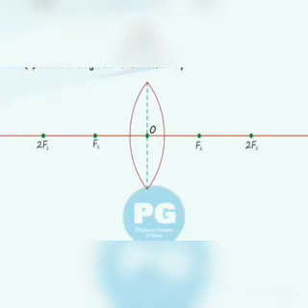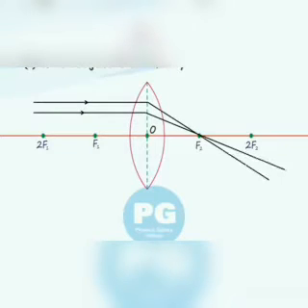First of all, we can understand the image formation by convex lens when the object is kept at infinity. So only the parallel rays come from the object at infinity to the surface of the lens.